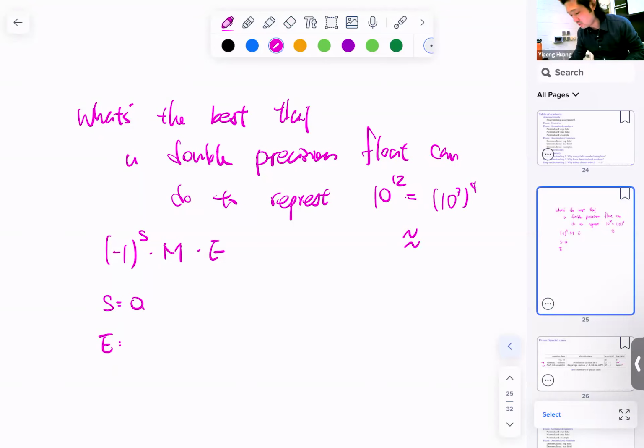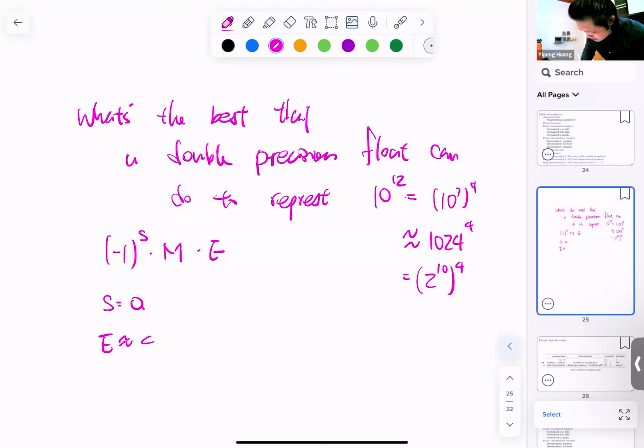Yeah. We said it was roughly 1024. And what is 1024? Right, so already I have a pretty good guess. It might be off by a little bit, but I have a very good guess that capital E is probably 40. And how do we encode 40 as an EXP field?